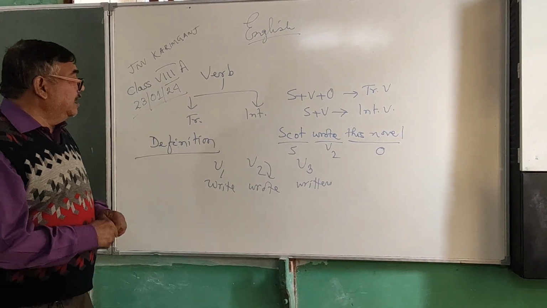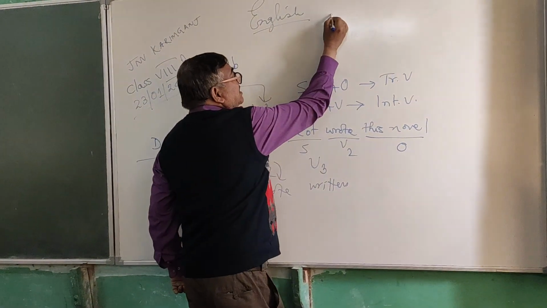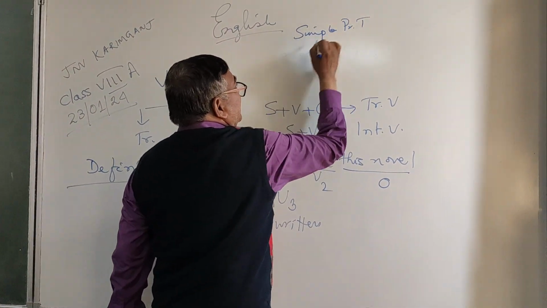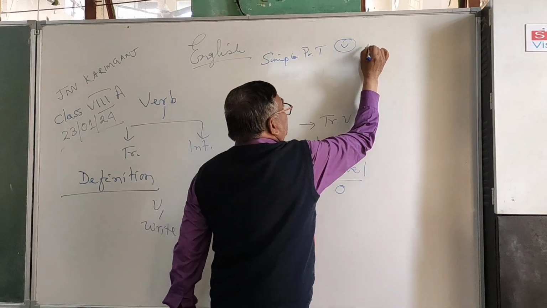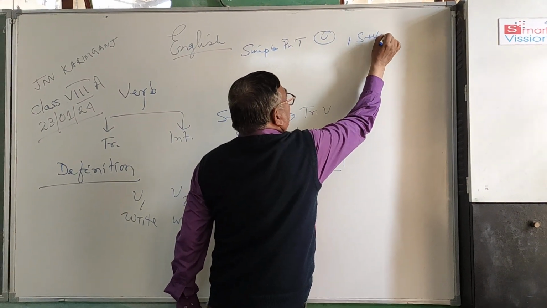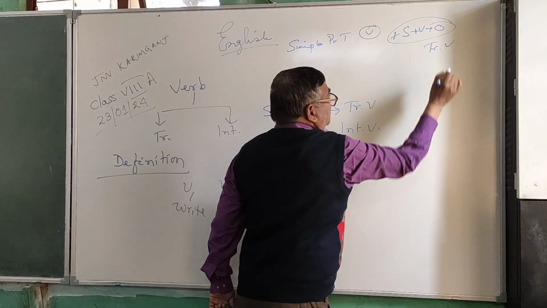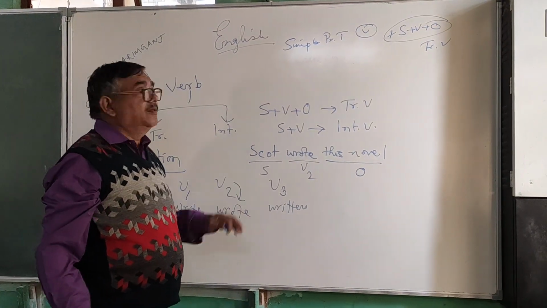Now you see, if the verb is in the simple present tense, sentence pattern is S plus V plus O. That means verb is transitive verb. Okay, this is rule number 1.